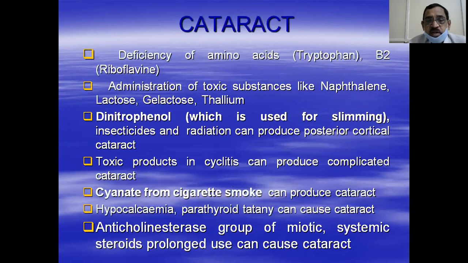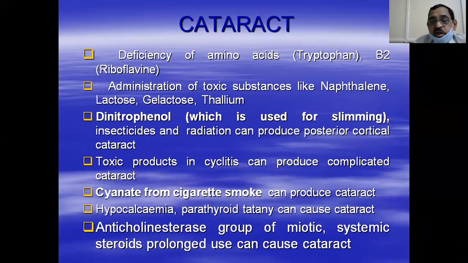Again, there are other factors which can cause cataract. One is deficiency of amino acids, that is tryptophan, or B2 riboflavin, and administration of toxic substances such as naphthalene, lactose, and also galactose and thallium. And dinitrophenol, which is used for slimming.